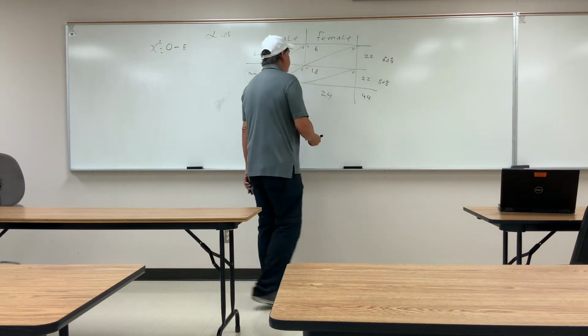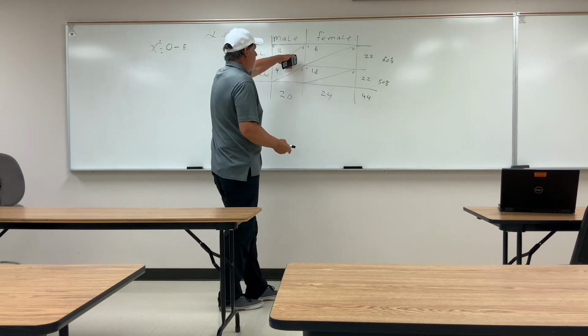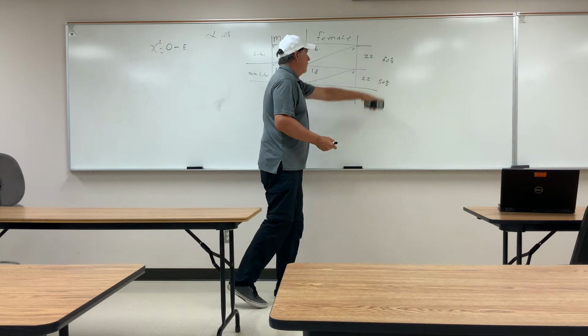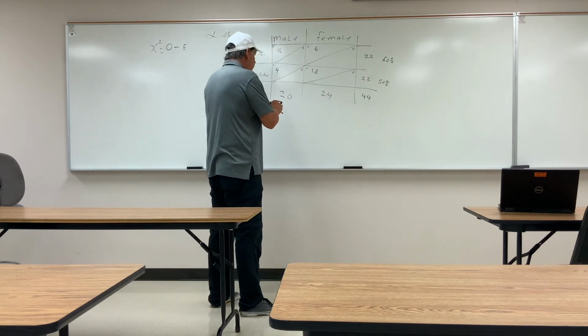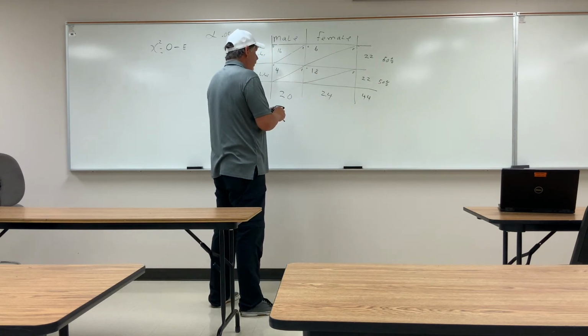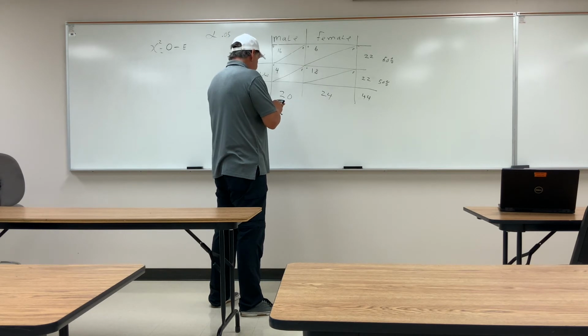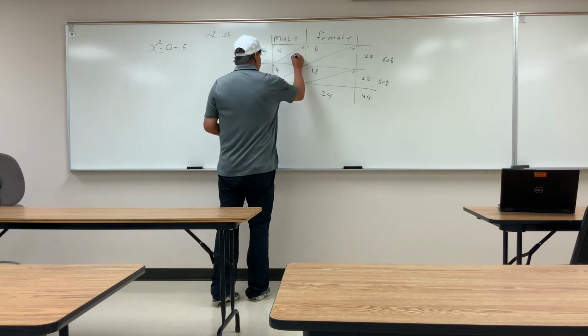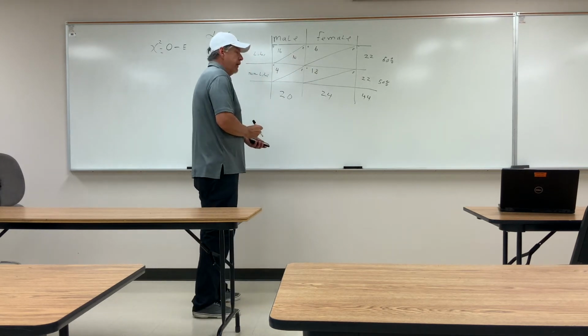So what I can do to find my expected score is take 20 multiplied by 0.50 or 0.5. So 20 times 0.5 gives me 10. So 10 would be my expected value.